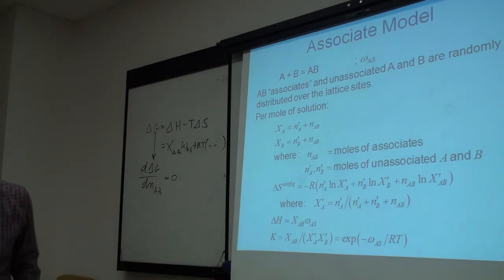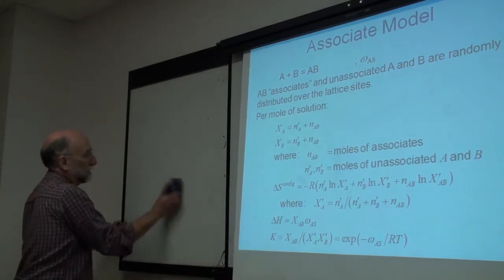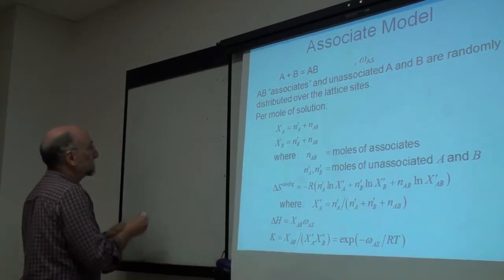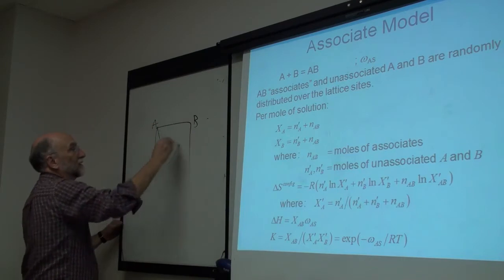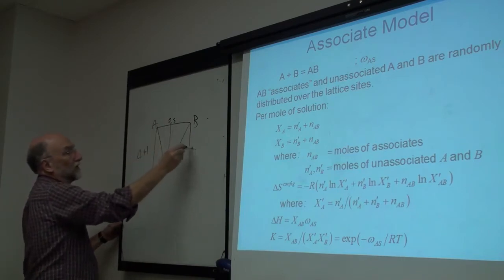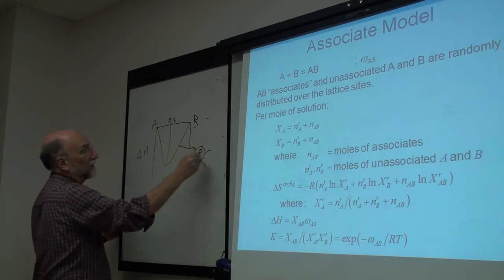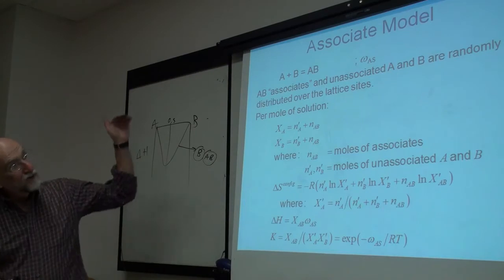And what that means, if this is shifted very far to the right, is that if I now have AB, and this is my heat of mixing, this is 50% here. Over on this side, I'll have B's and I'll have AB's, but I'll have very few A's because that reaction is shifted stronger.